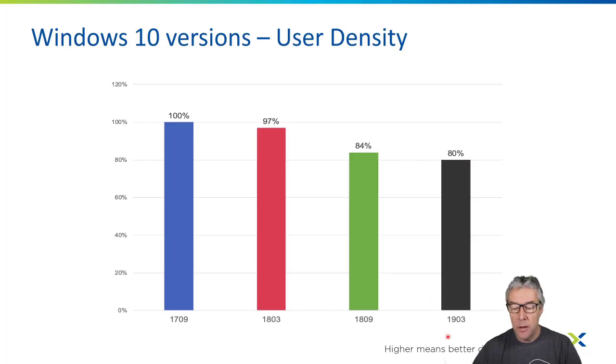Why? Because that build has more functions, has more resource requirements. So the message here is the build has or can have a significant impact on your density. As the builds become more and more modern, that user density reduces.